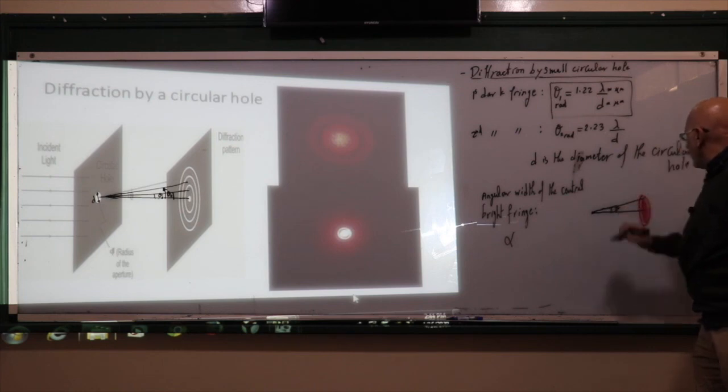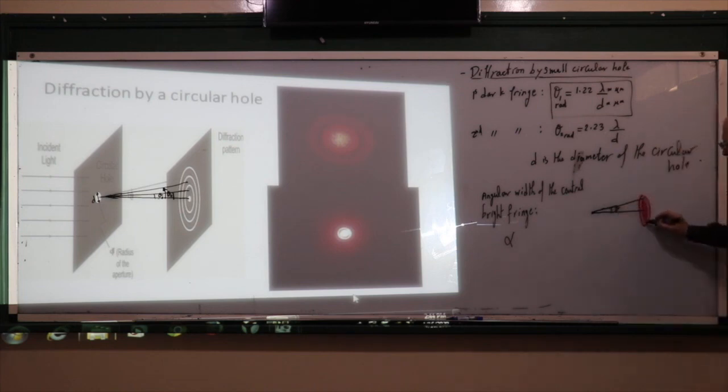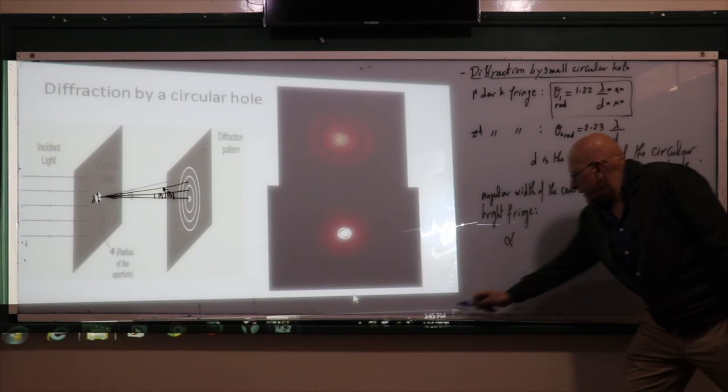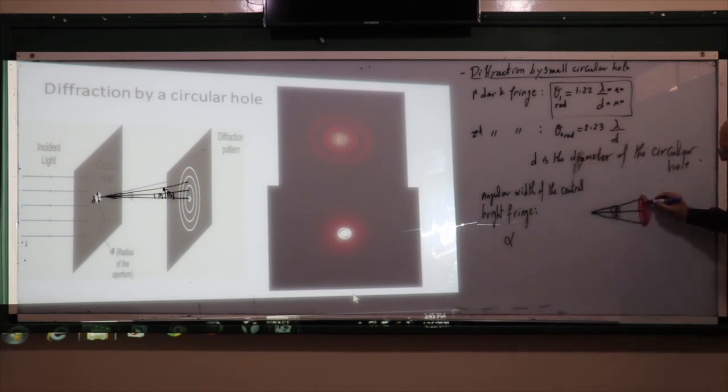Also here, if I draw a line here, this is also theta 1. And this distance is the diameter of the central bright fringe.